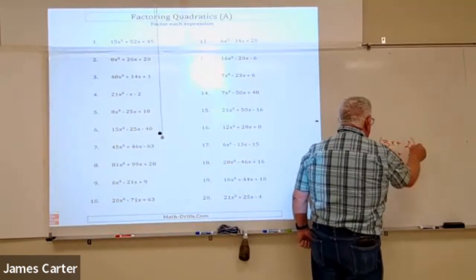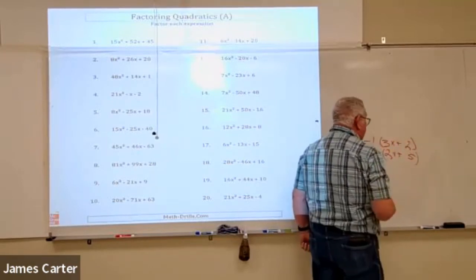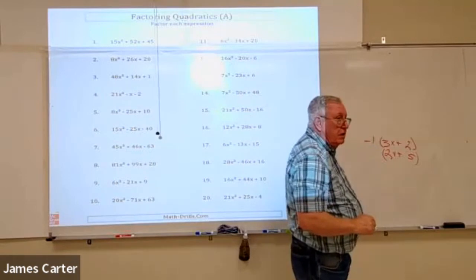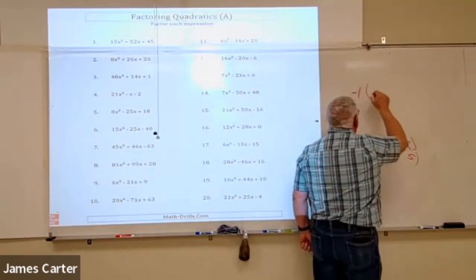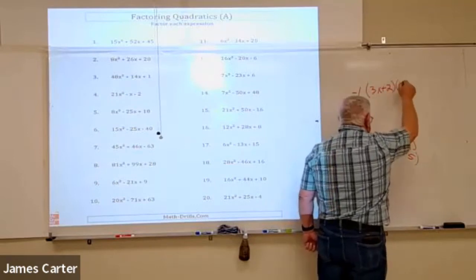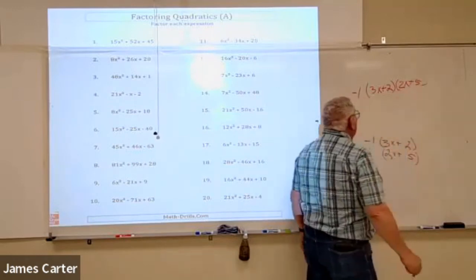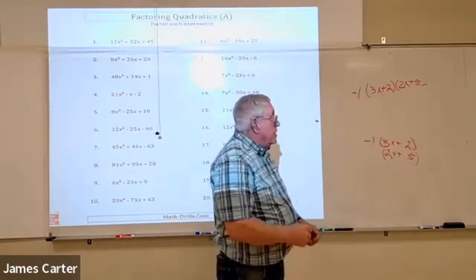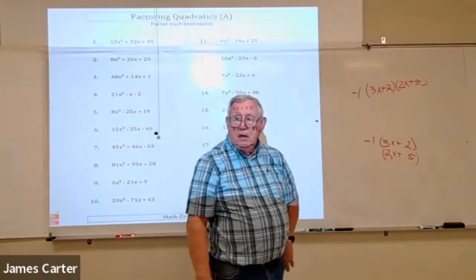So that gave me this and this, but I had previously taken a -1 out of everything. So your final answer then would be -1 times 3x plus 2, 2x plus 5. I got in too big of a hurry and didn't show the rest of that. If you don't put the -1, all of your signs will be swapped.